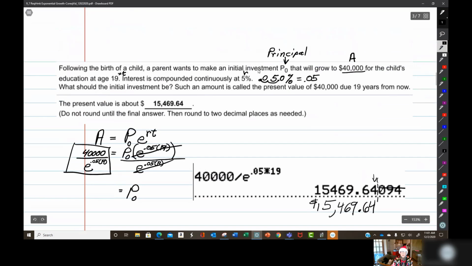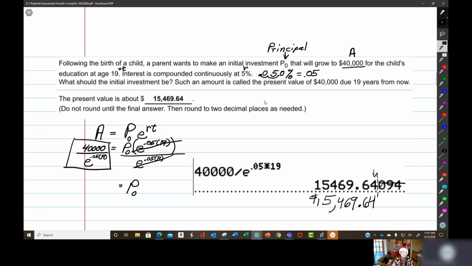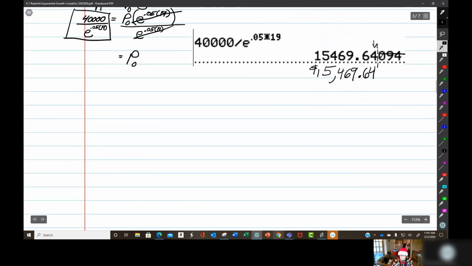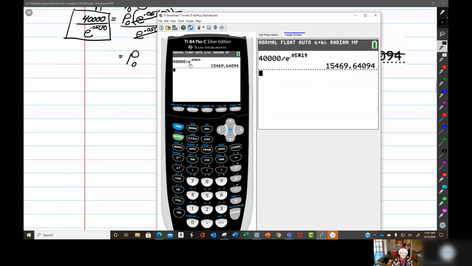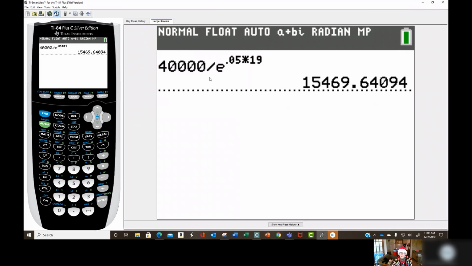Okay, any discussion about this? They give you all the information except for the principal, the initial investment. Yes. Can you go ahead and show me again how you did the calculator thing? Yes. I said 40,000 divided by e.